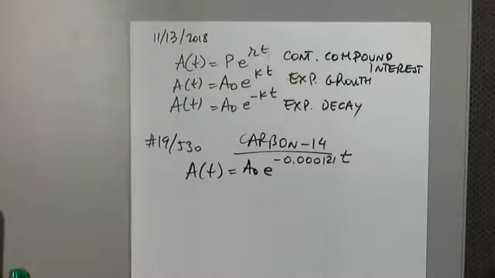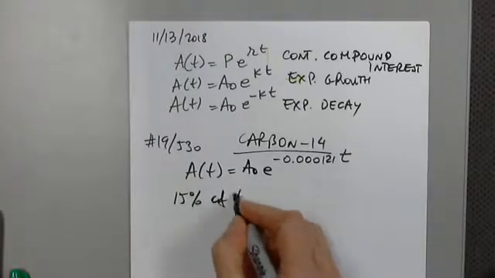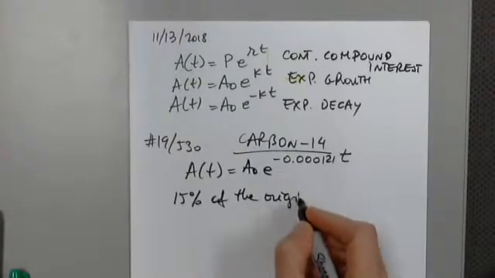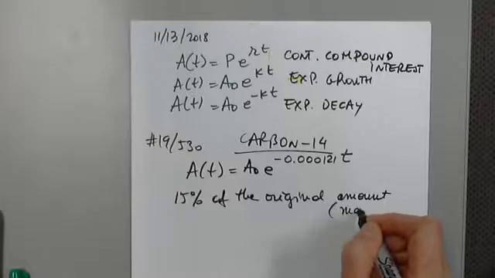They say that prehistoric cave paintings were discovered in a cave in France. When they were discovered, they contained 15% of the original carbon-14. So 15% of the original amount or mass.